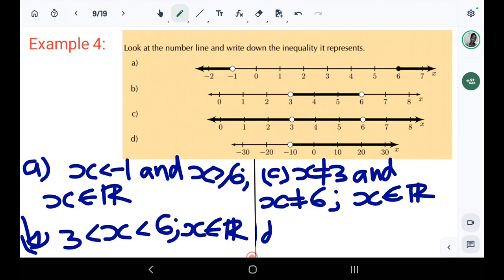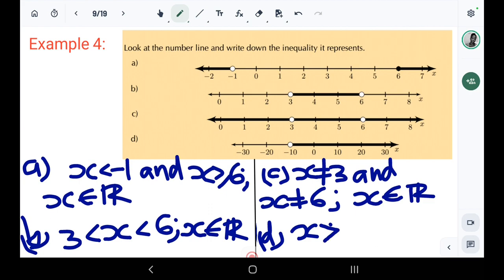Number D. Here you've got a hollow dot on top of negative 10, meaning that negative 10 is not included, but you've got a solid line going all the way to the right hand side towards positive infinity. That means that whatever your answer is, it's greater than negative 10 and not including negative 10.